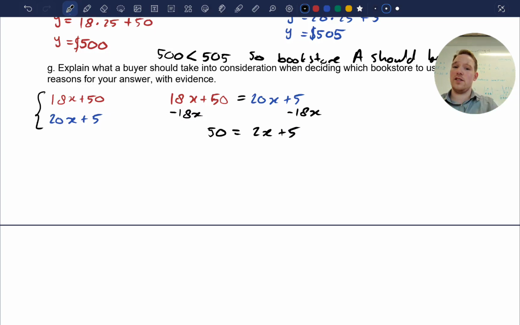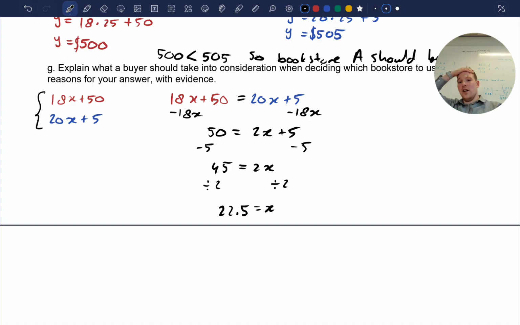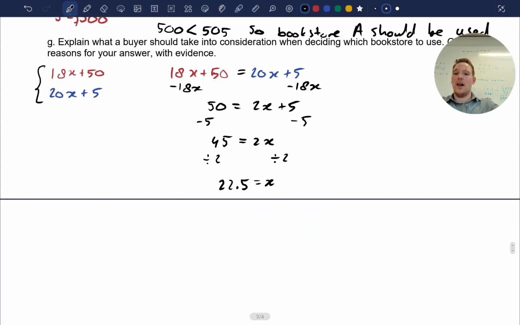And then let's subtract 5 from both sides, giving us 45 equals 2x, dividing by 2. That will leave us with 22.5 equals x.